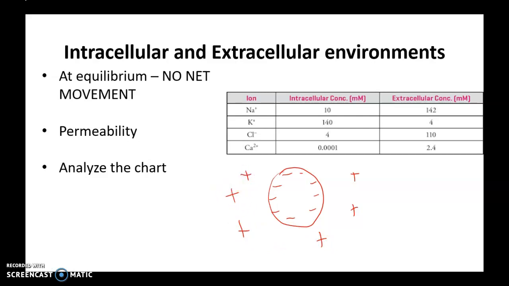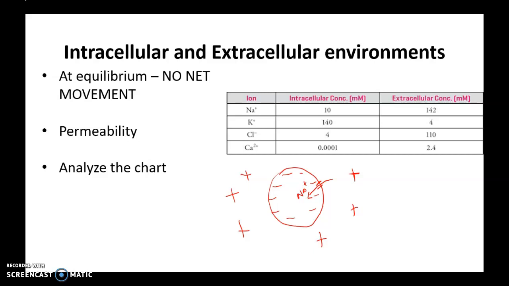Now, let's say the cell becomes permeable to sodium. So where do we have more sodium? Outside the cell. We have less sodium inside the cell. So in that case, sodium will come inside, right? We will have influx of sodium from the extracellular environment.